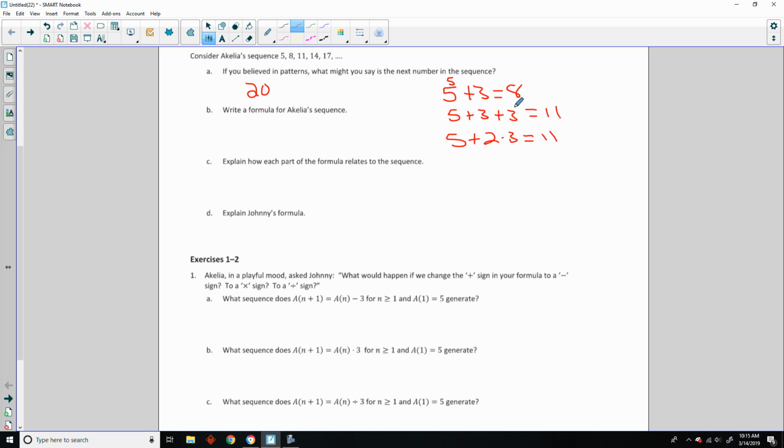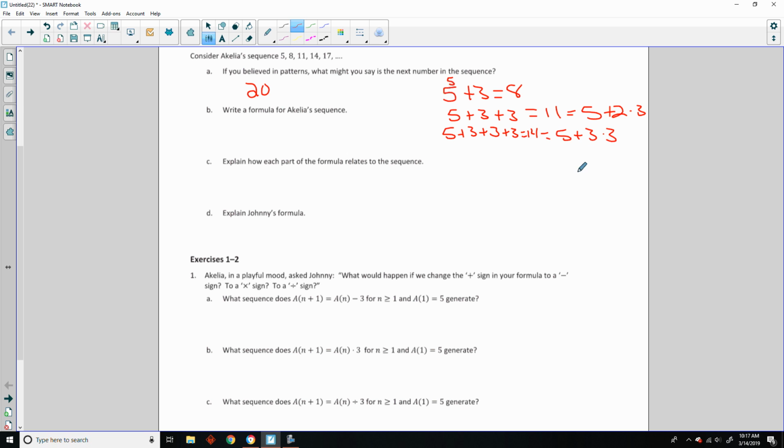Yes and no. 5 plus 2 times 3. Okay, so I just rearranged this. So 5 plus 3 plus 3 is 11, and that would be the same as 5 plus 2 times 3. And then 5 plus 3 plus 3 plus 3 equals 14, which would be the same as saying 5 plus 3 times 3.